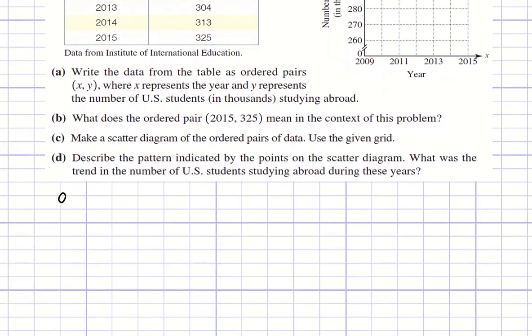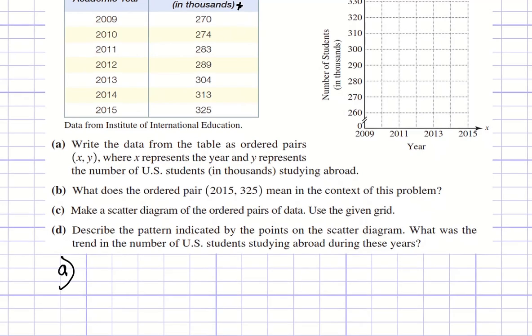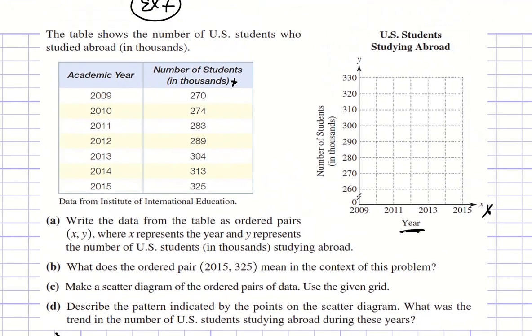Okay, so question A is easy. You just write the ordered pairs. X represents the year. You always gotta get that right. See, that's what they did here. X represents the year, and y represents the number of students right there.